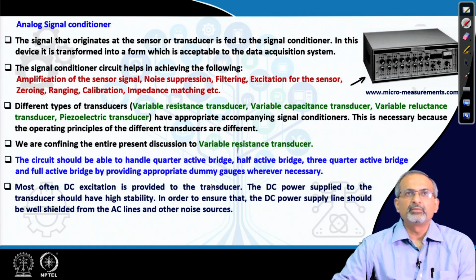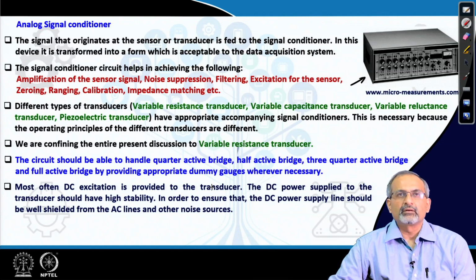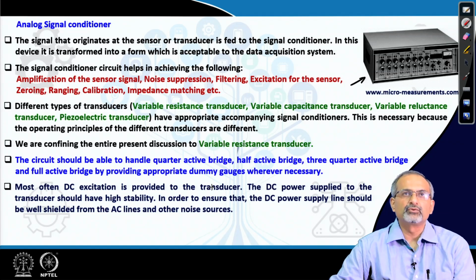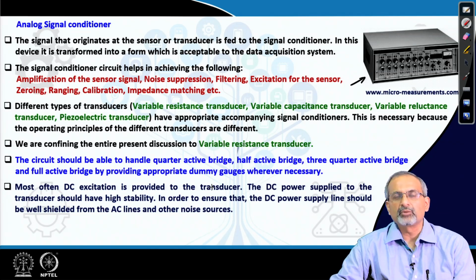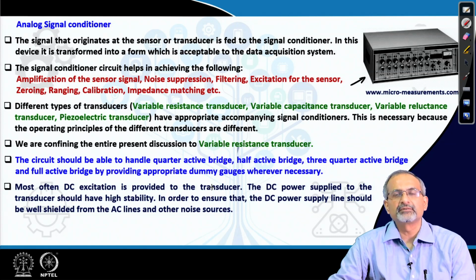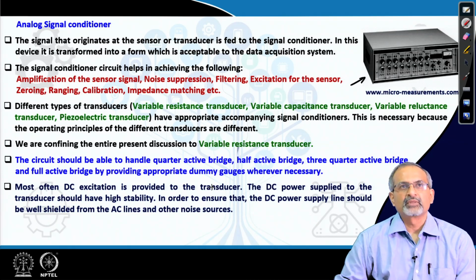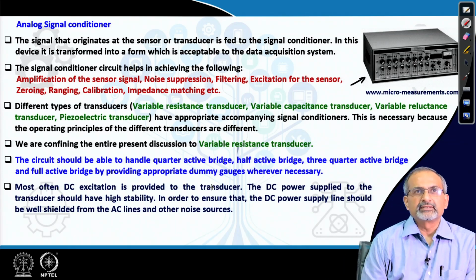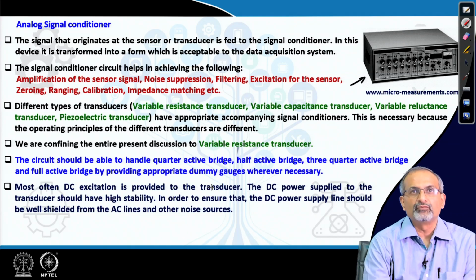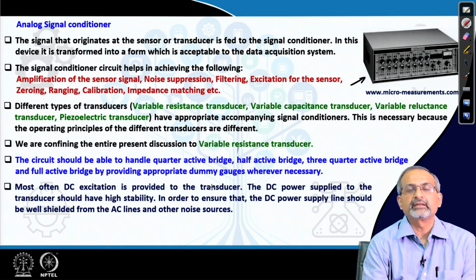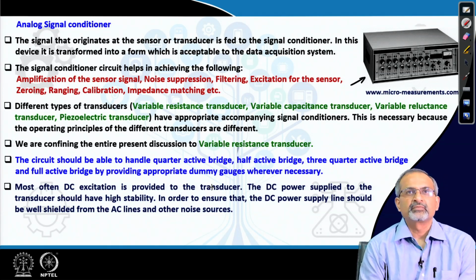Depending on how many channels of information you have to process, you choose the number of channels at the signal conditioner end. You may be making simultaneous measurements from several channels, and then you need to have a supporting number of channels at the signal conditioner. In this device, the signal is transformed into a form which is acceptable to the data acquisition system, which comes next.